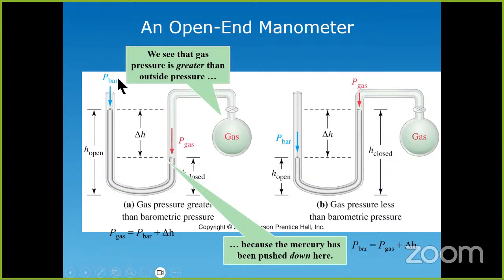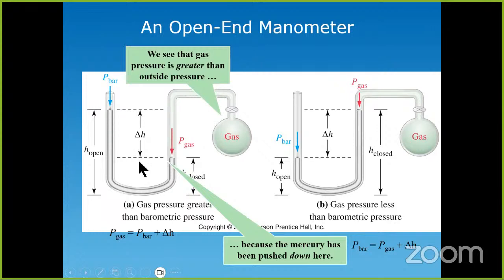So this P bar here is atmospheric pressure. The reason they put bar here is because it's also called the barometric pressure. So atmospheric pressure, barometric pressure, same thing. Based on this observation, clearly we can see that the pressure being exerted by the gas here is greater than the pressure that is exerted by the atmosphere on this side right here.